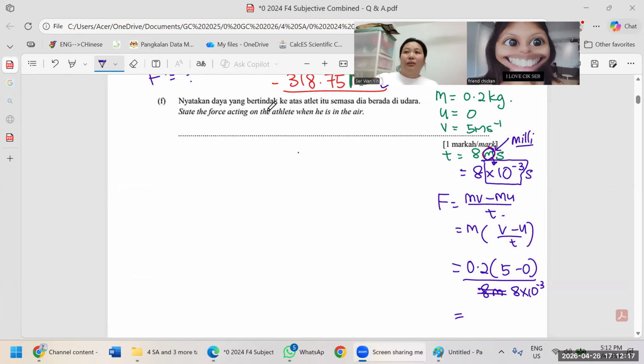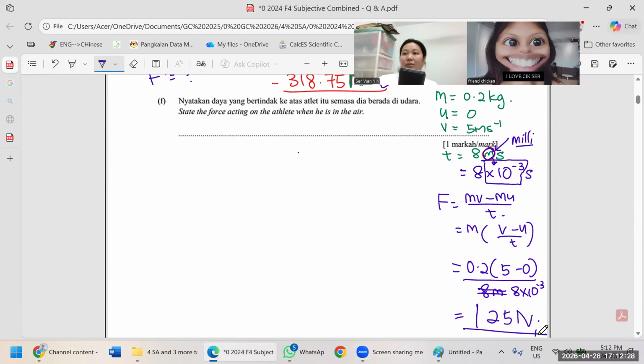0.2 times 5 divided by 8 times 10 to the power of negative 3, should be 125 Newton. So if you ignore the milli, what will you get? You'll get 0.125 Newton.